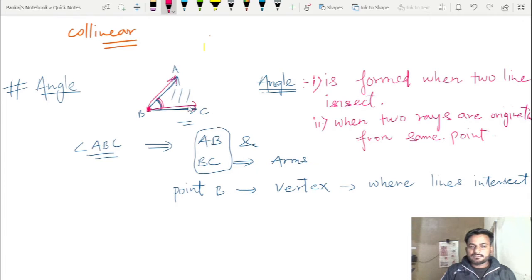The space between these two rays is called an angle.